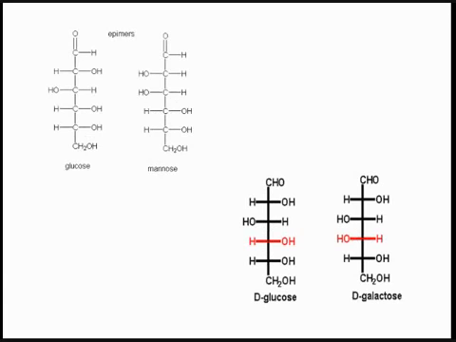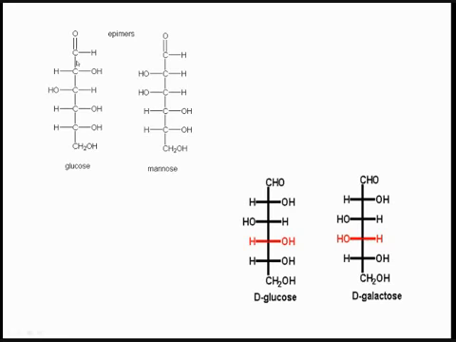Here you can see an example with the structures of glucose and mannose. In glucose, in the second carbon, the OH is oriented towards the right side. In mannose, in the second carbon, the OH is oriented towards the left side.